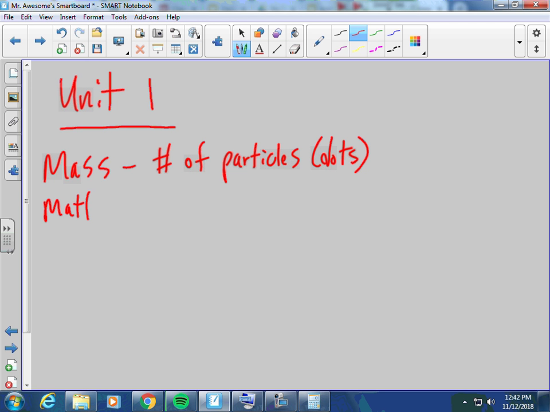Matter itself is really anything that has mass and takes up space. Anything that has mass and takes up space.